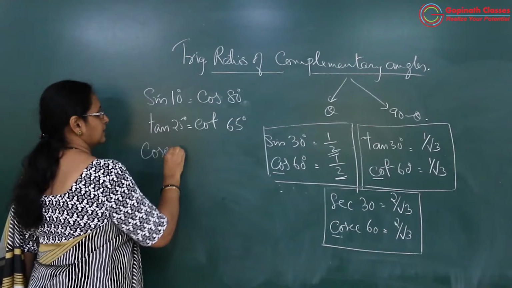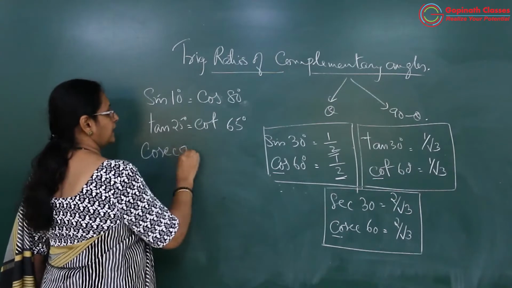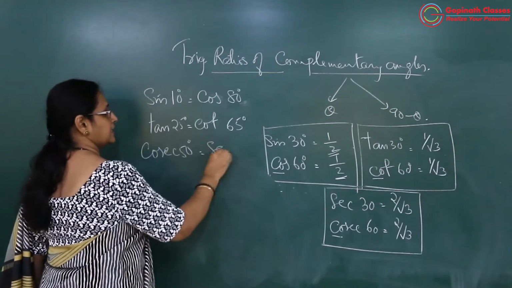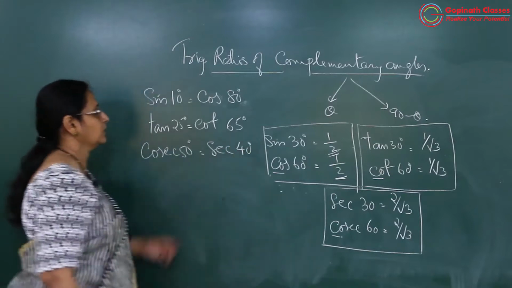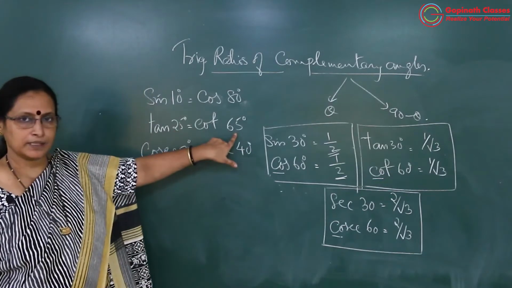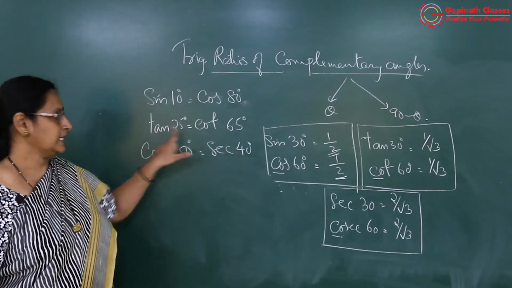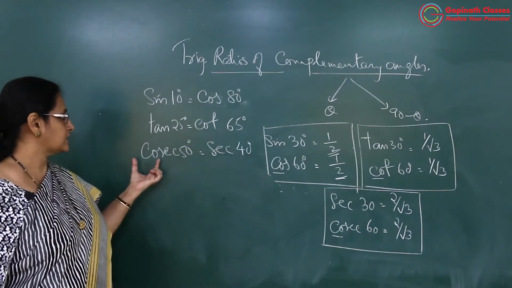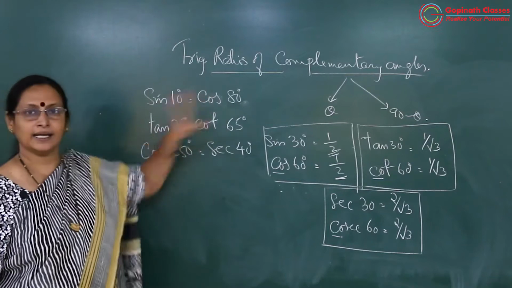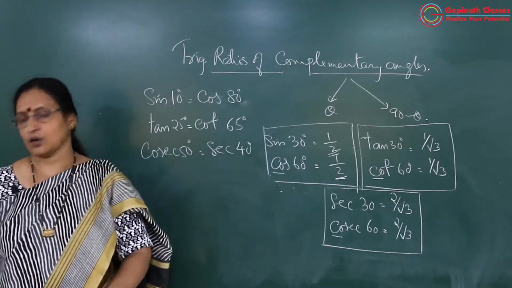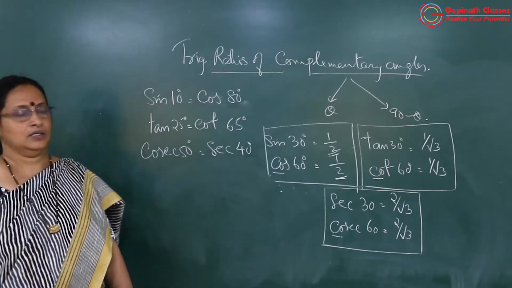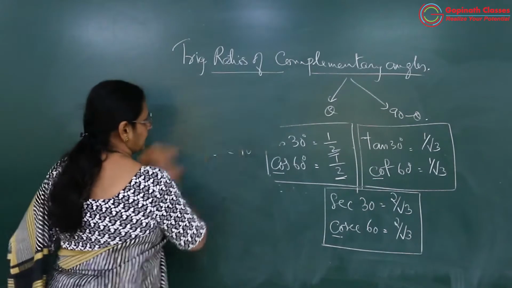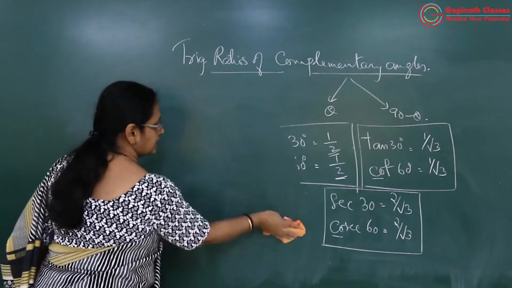Cosec 50 degrees is the same as sec 40 degrees. You can see the angle 25 has become its complementary 65, tan has become cot. 50 and 40 are complementary, sec and cosec. Sine and cos, 10 and 80 degrees. So, this is the complementary relation, and we can easily write its relation like this.